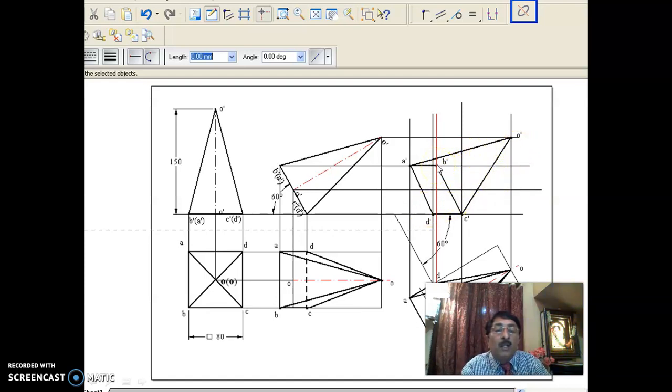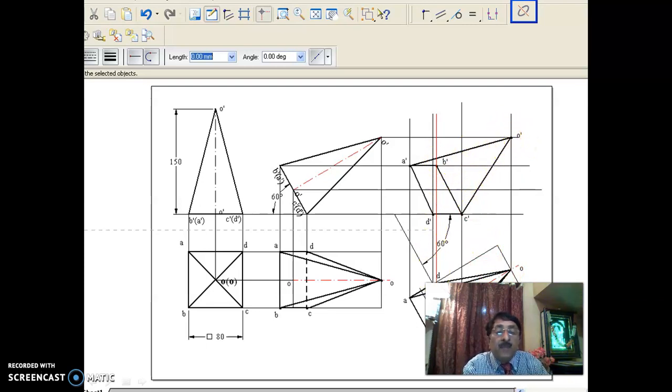Now if you want to see whether OB has to be darkened or made invisible, you see the third step. Third step says all near edges can be darkened in the view, all far away edges are made dark dotted. Now if you see O dash B dash, you can see from the top view OB is the nearest edge, that means B is the nearest corner, hence OB can be darkened in the view.